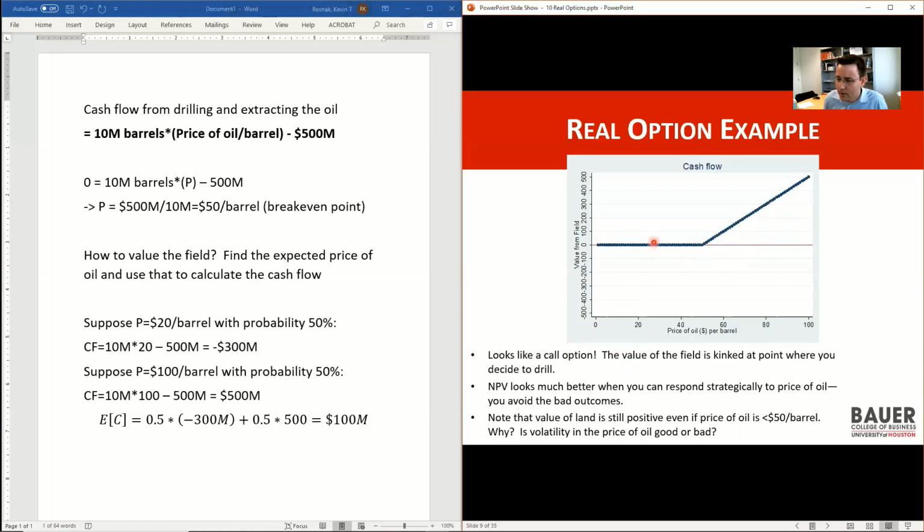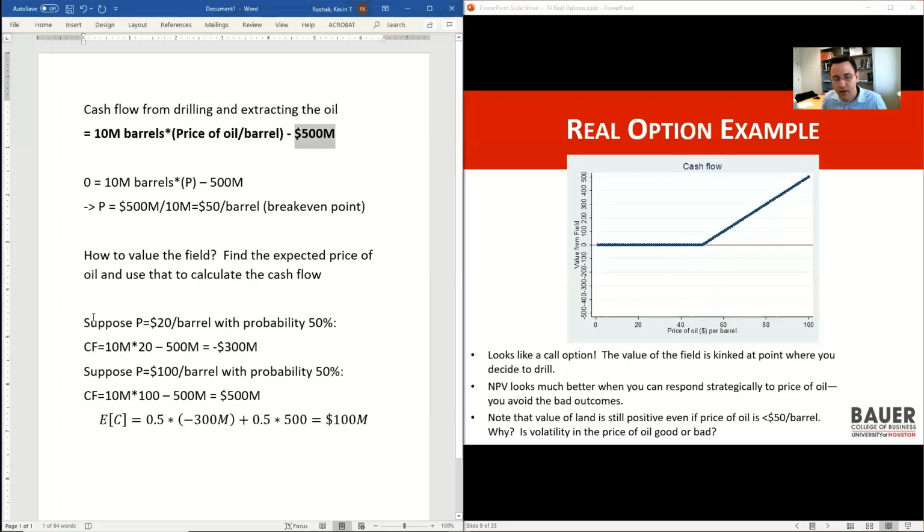You get a zero cash flow up until the break-even point, and then you get a positive linear payoff going forward. That's going to help us increase the NPV of this field dramatically, because as I said, you're reducing the negative outcomes. You're reducing all those bad cash flows, all the negative cash flows, and you're just replacing them with zero. So that's going to raise the average valuation.